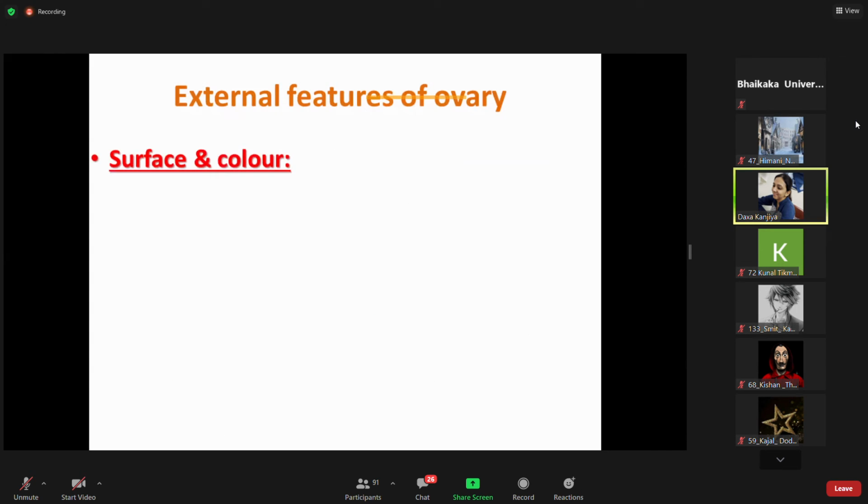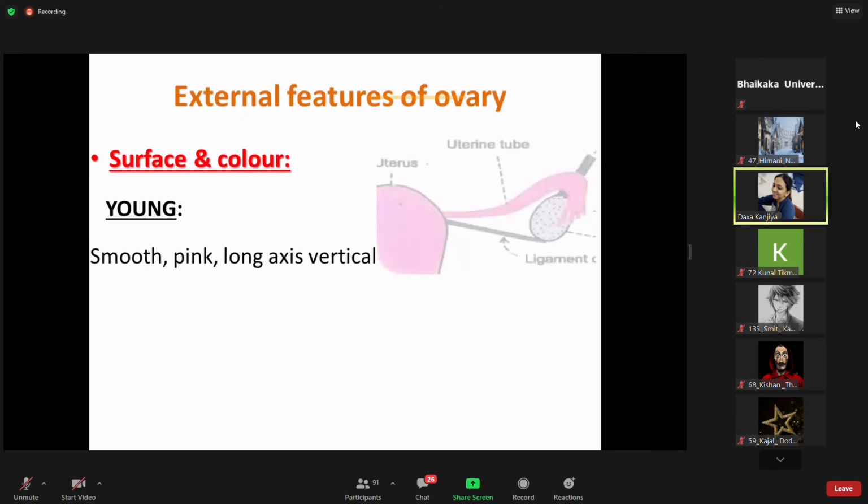Now the external or morphological features of the ovary. If you see the surface and color of the ovary, these are different in the young person as well as in the old person. See, in the young person, the margins of the ovaries are smooth, and ovaries are pink in color, and located in the vertical axis.